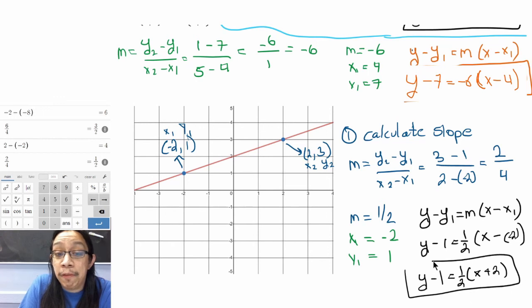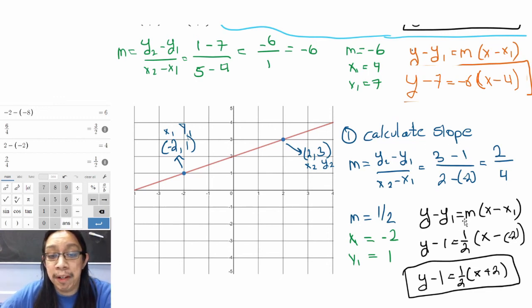And again, the beautiful part about this is that even if you chose the other point, even when the numbers look different, if you were to simplify it, you would end up getting the same equation, or the same line anyways. So let's recap here. If you want to write an equation in point slope form, you have to do a couple of things. First of all, you should know what point slope form looks like. So point slope form is y minus y1 is equal to m(x minus x1).